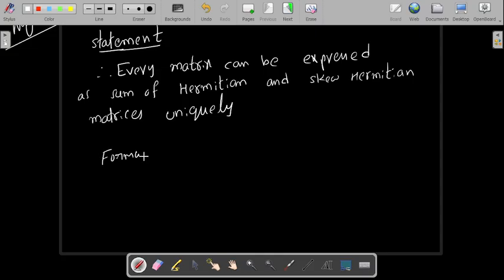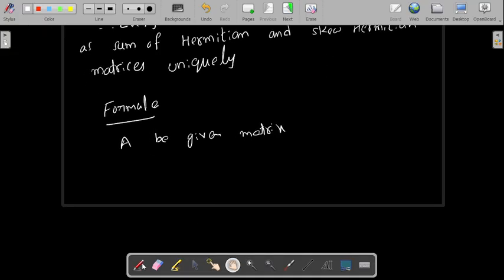For example, let A be the given matrix. According to this statement, A can be written as a sum of Hermitian and skew Hermitian matrices.